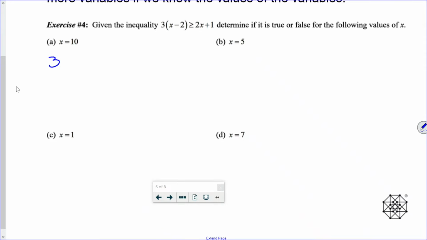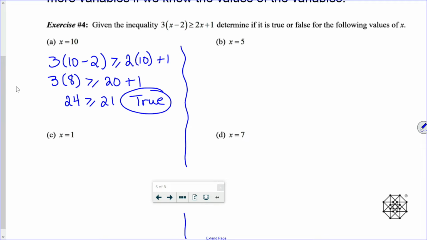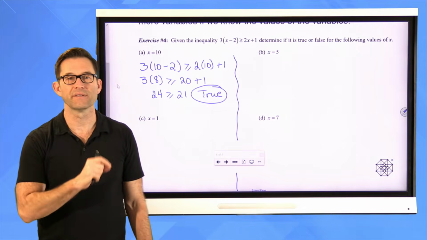I'm going to throw the 10 into my inequality. Nothing changes in terms of order of operations. I'm going to have 3 times 8 is greater than or equal to 20 plus 1. 3 times 8 is 24, is greater than or equal to 21, and that is certainly true. 24 is greater than 21, so yes.